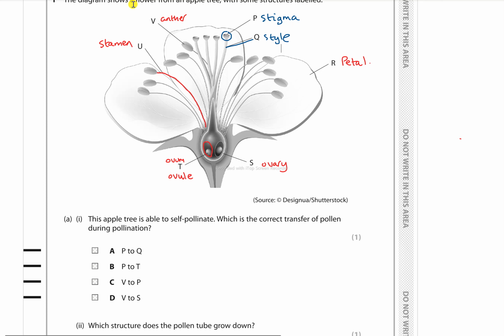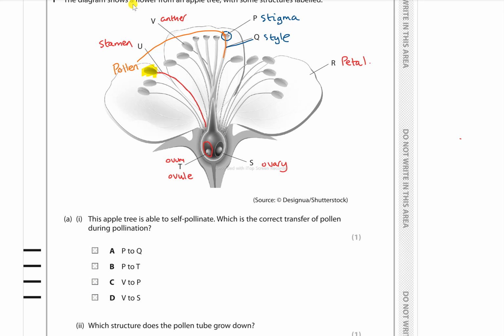Right. So that's where the pollen is produced. It gets transferred to here.